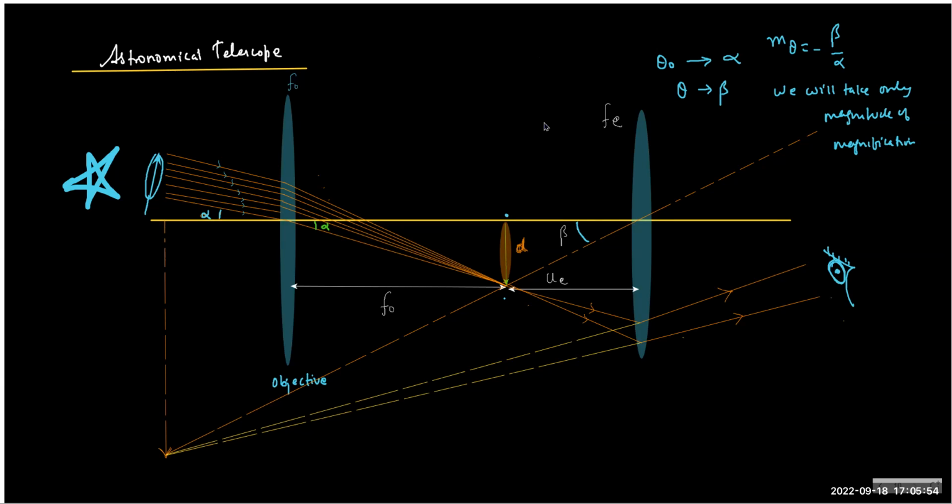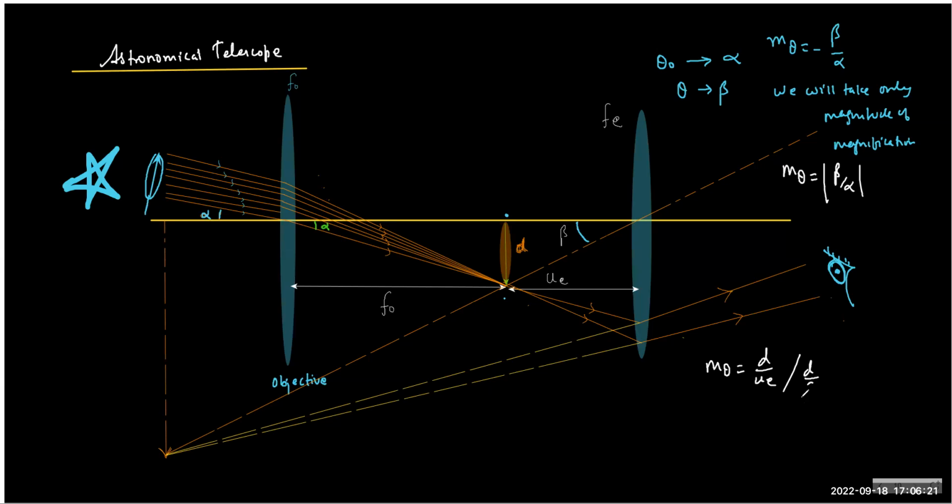That's one more thing I should have done here: the arrows. It looks nice. So the magnitude of magnification we can just write as m theta equals beta by alpha. What is the value of beta? Numerically, beta is d by ue. What is alpha?